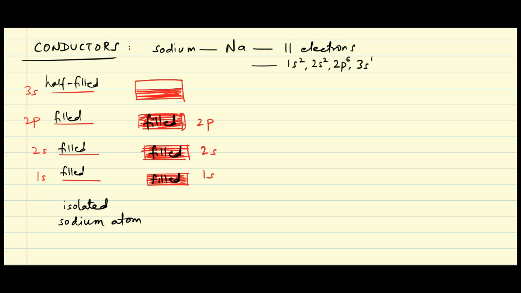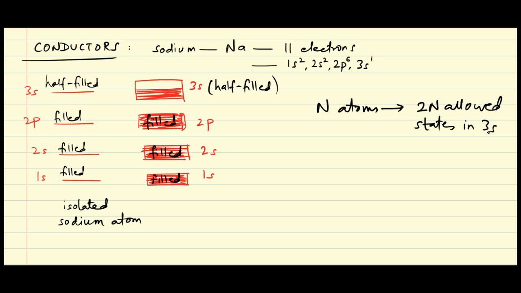It's going to be half filled, for the simple reason that to begin with, every sodium atom's 3s orbital was half filled. Now what this means in other words is, if there are n atoms which totally make up the crystal lattice, then of course there would be totally 2n allowed states in the 3s energy band.